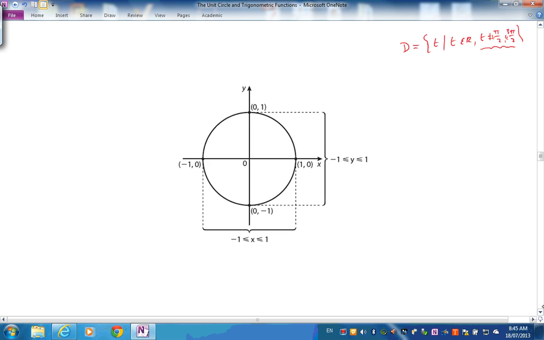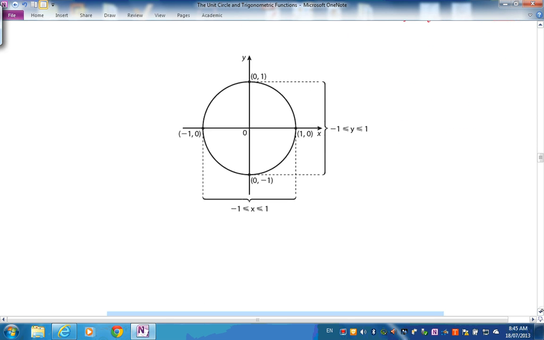All right, so what about the range? The range is the set of y values. Now, in the unit circle, sure, x only goes from -1 to 1, so that's the values in the x-coordinate here, but we can actually wrap around for sine and cos of t, any value for t.